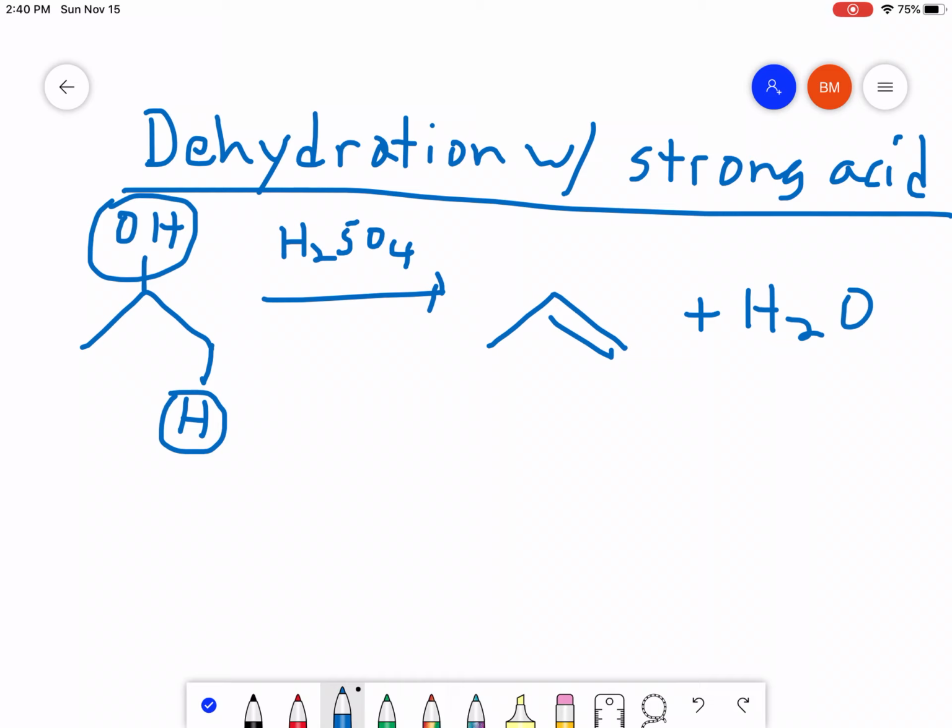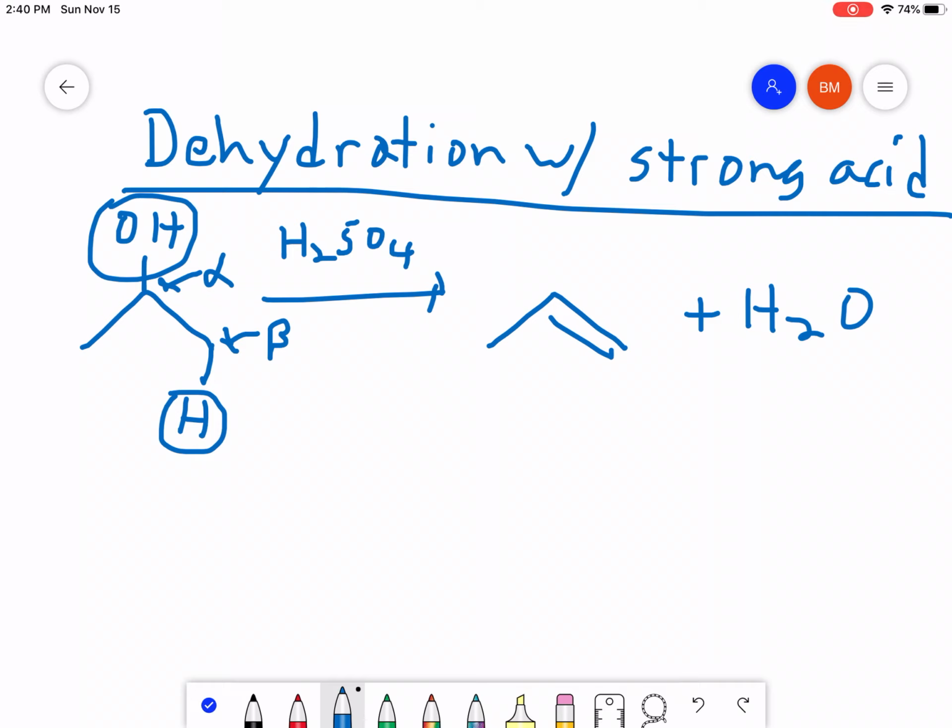In this case, with alcohols, that's going to be the alpha carbon, the one with the OH, and adjacent carbons are going to be beta. And just like before, beta carbons can also have beta hydrogens. All right? So you lose an OH minus and you lose an H plus for an overall loss of water. And in the process, you make an alkene.